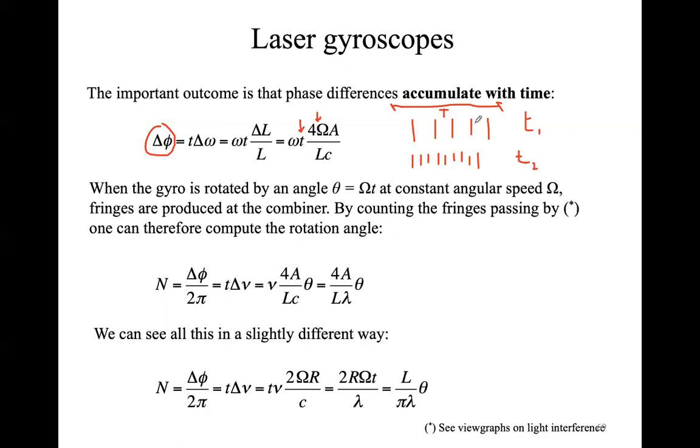The number of fringes depends indeed on delta phi, and it is equal to delta phi divided by 2 pi.